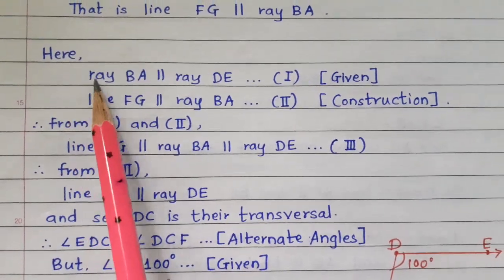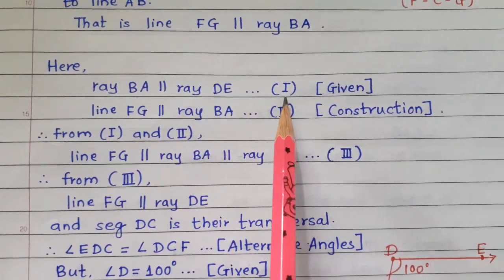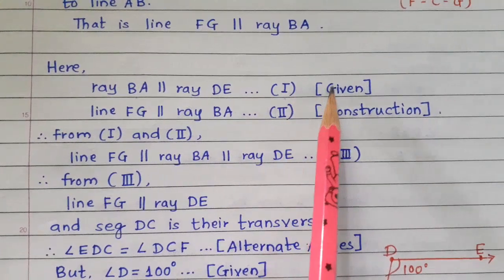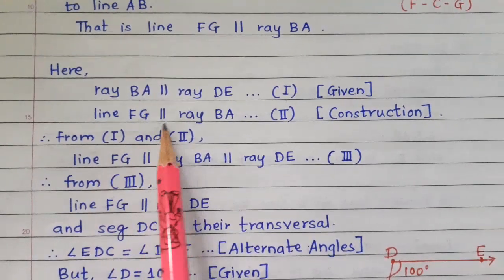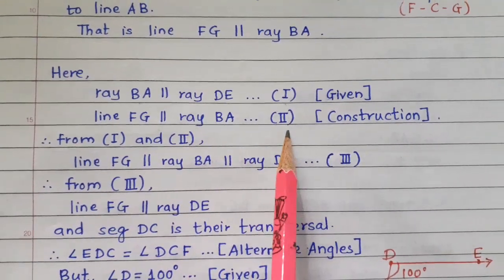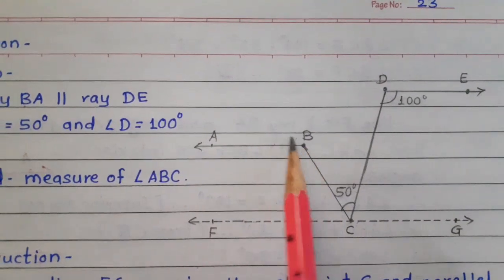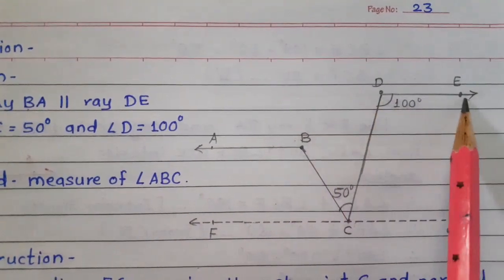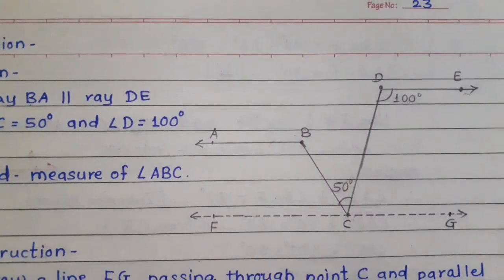Now ray BA is parallel to ray DE. Give it as equation number first, and it is given. So from construction we have line FG parallel to ray BA. Give it as equation number second. See, BA is parallel to DE and line FG is also parallel to BA.